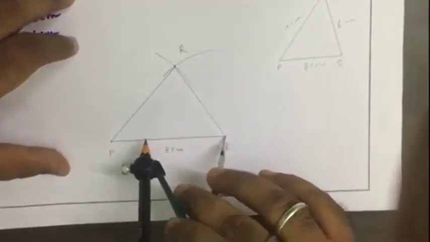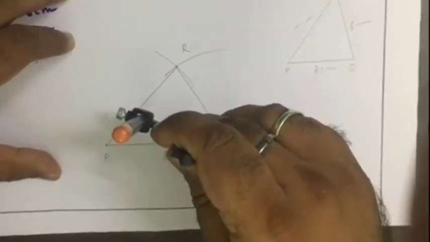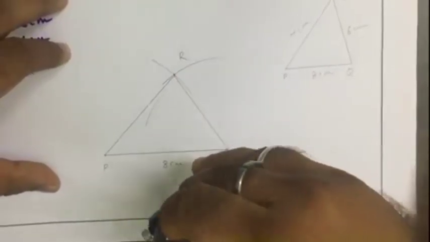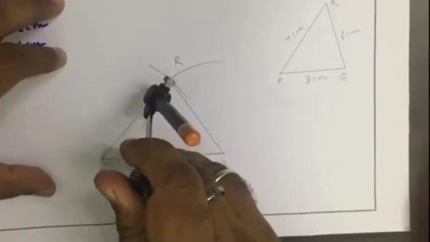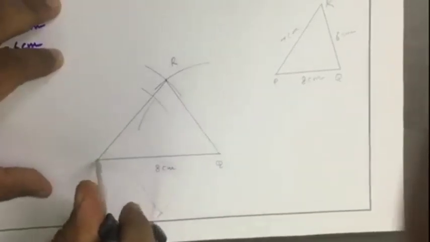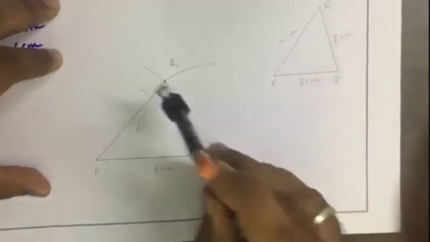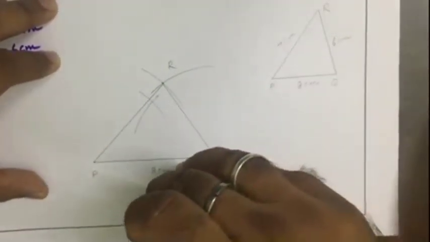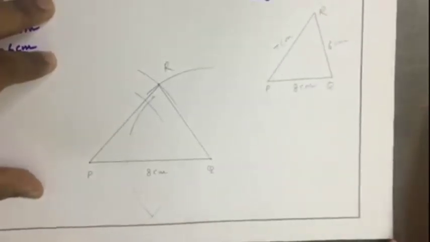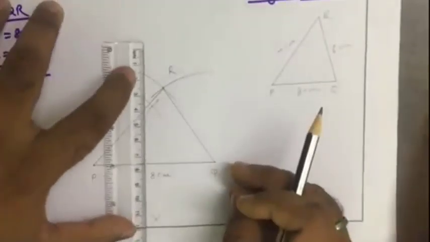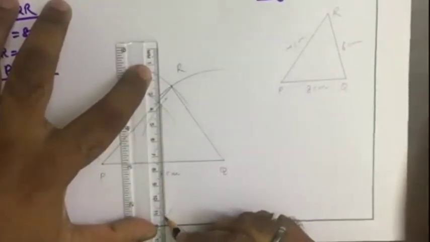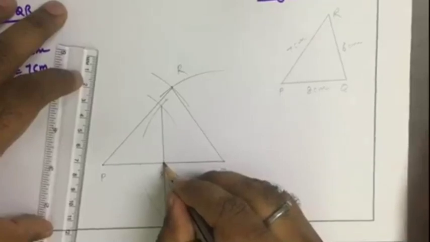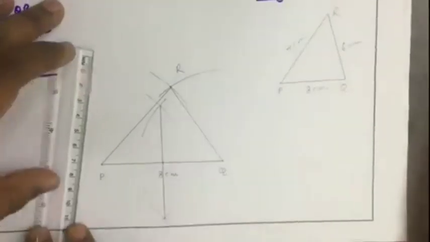Take more than half of PQ, with Q as center, draw one arc above and below the line PQ, and then with P as center draw another arc above and below. Join the intersection points of the arcs with a straight line. That is the perpendicular bisector of line PQ.